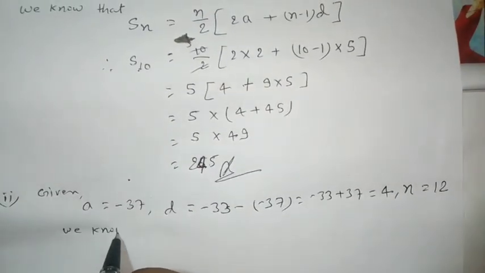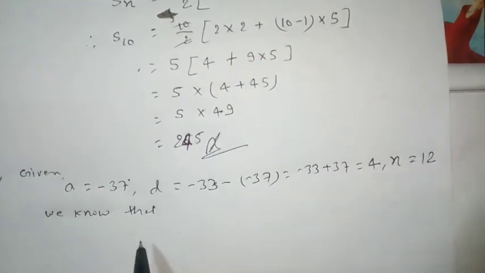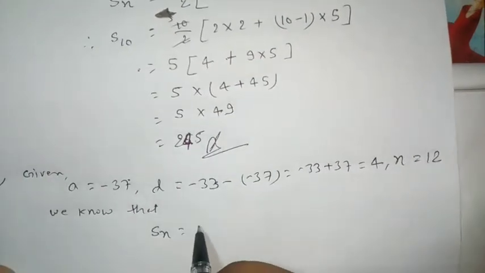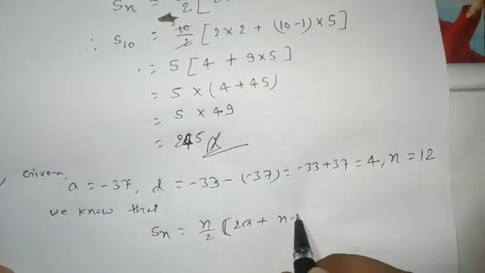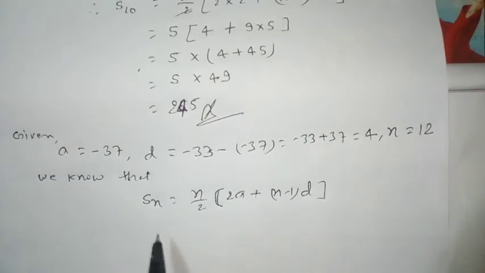We know that Sn is equal to n by 2 into 2a plus n minus 1 into d.